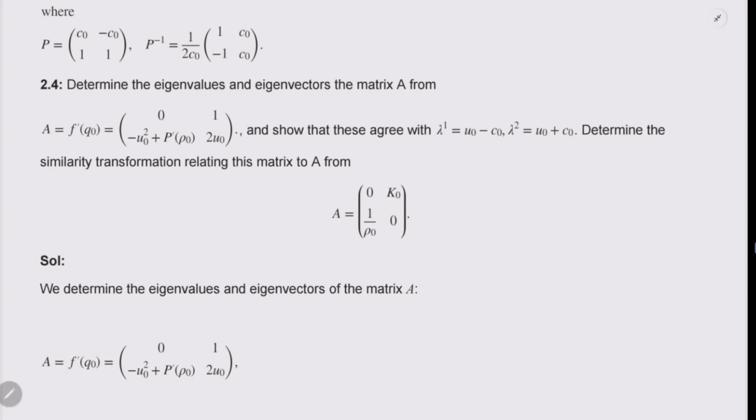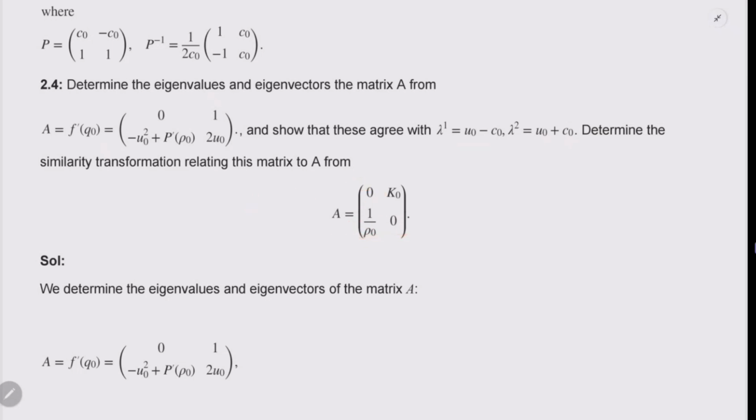This is one of the questions which is also relevant to the theory that we already studied. We need to find the eigenvalues of A, and we need to find the eigenvalues like this, then use the similarity transformation relating this matrix to A.